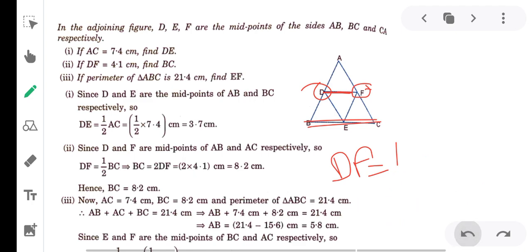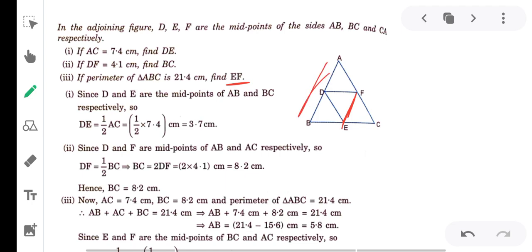Then third part, if the perimeter of the triangle is 21.4 centimeter, find EF. So you have to find the length of EF. For that, first we will find the length of AB. AC is given, that is 7.4 centimeter, and BC is 8.2 centimeter.